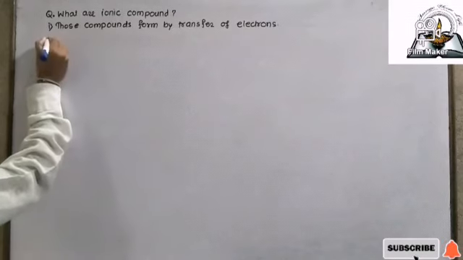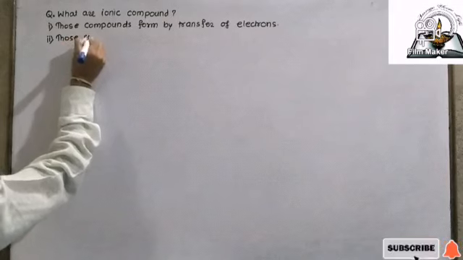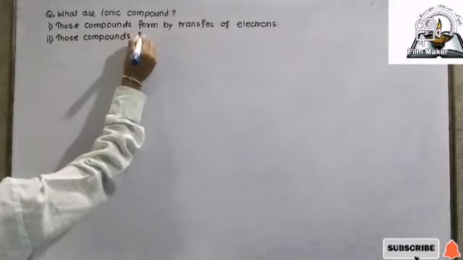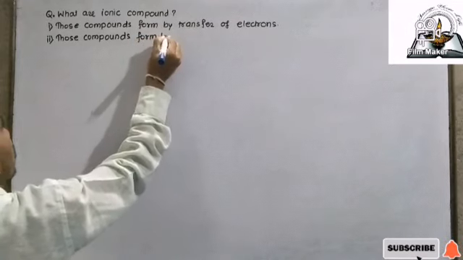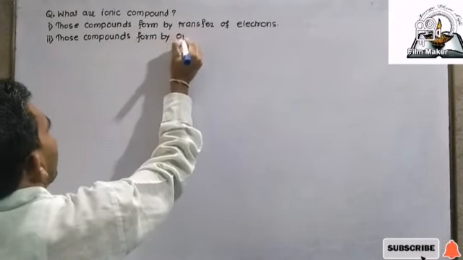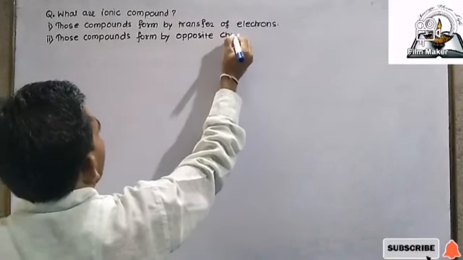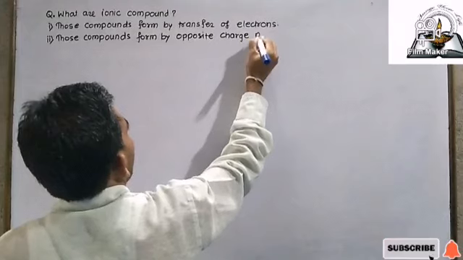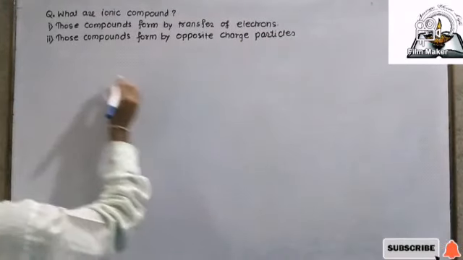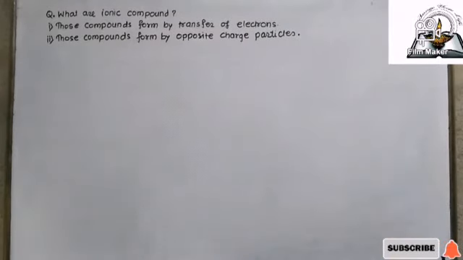So in this second definition, those compounds formed by opposite charge particles are called ionic compound. That is oppositely charged particle.